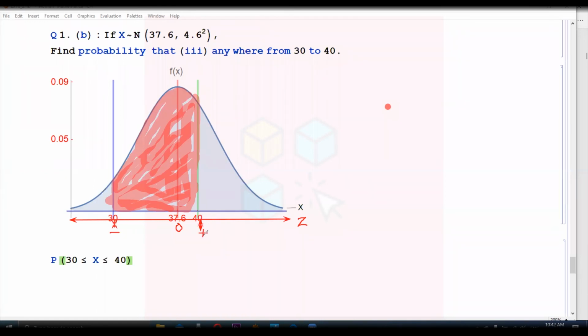So first we have to obtain two Z values, one at the point 30 and the other at 40. We will calculate it using the same formula.